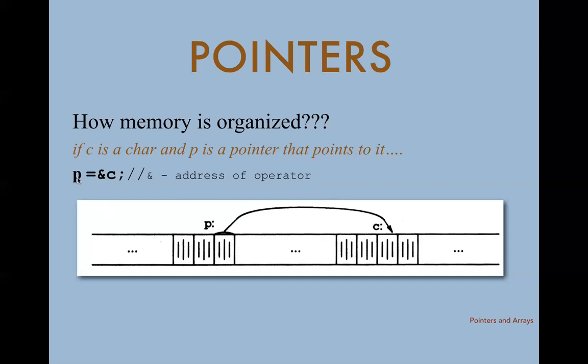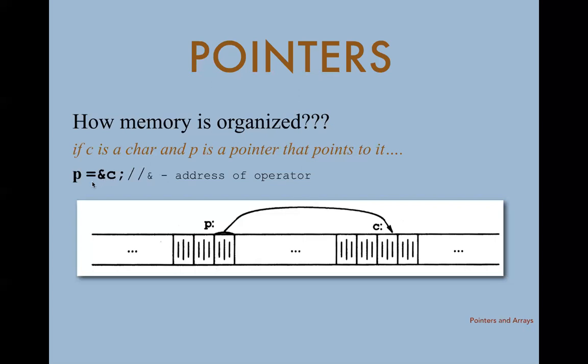Now, if I say P equal to ampersand C, what is this doing? Ampersand is nothing but the address of operator. So the address of C is assigned to P. Only pointer variables can hold the address of a variable.